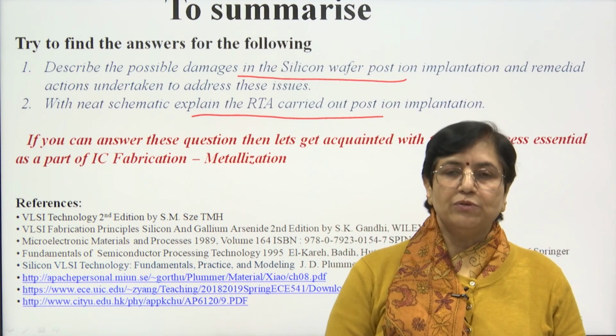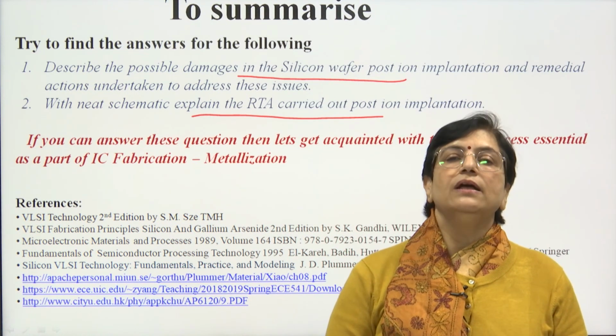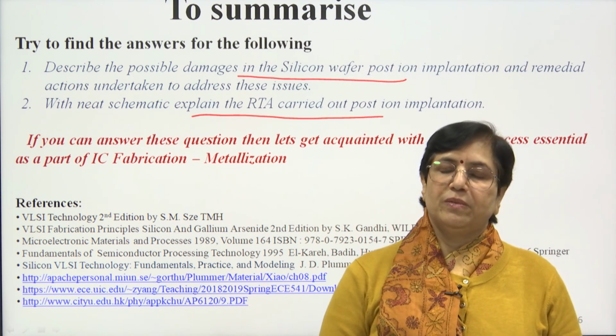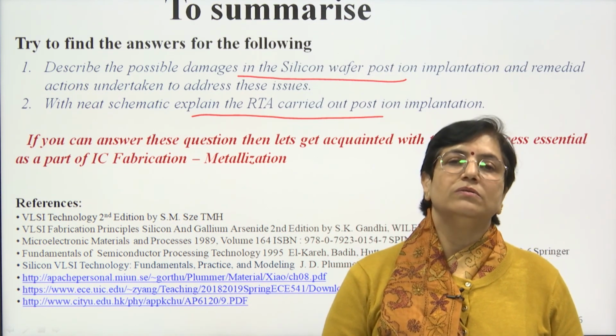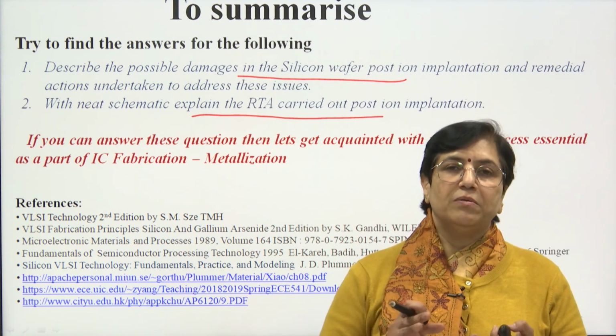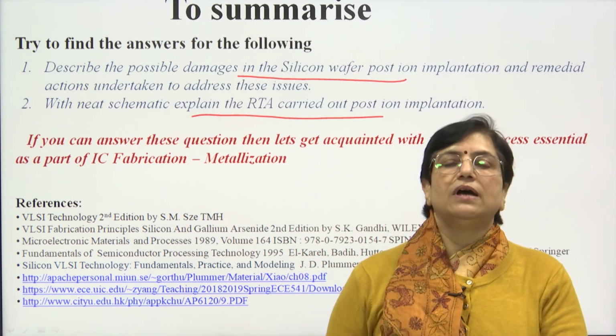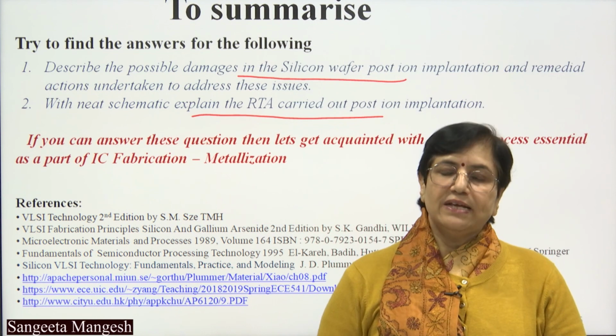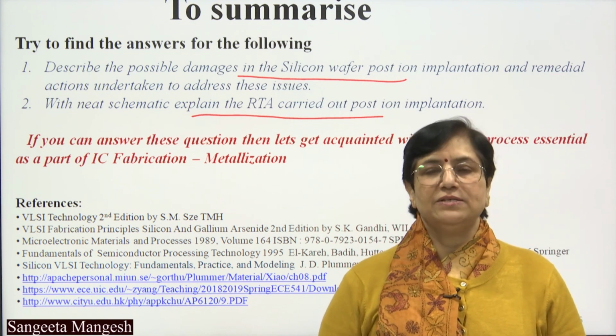You saw the instrumentation system, and now you have studied the damage control mechanisms and how annealing is carried out to effectively make the best of the ion implantation system. Once this is clear, we will go to the next process step, that is metallization.